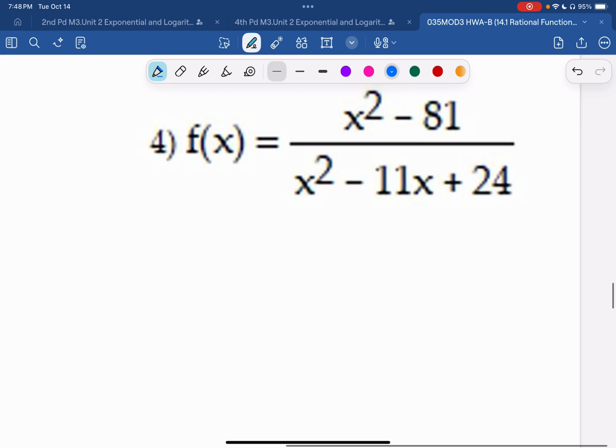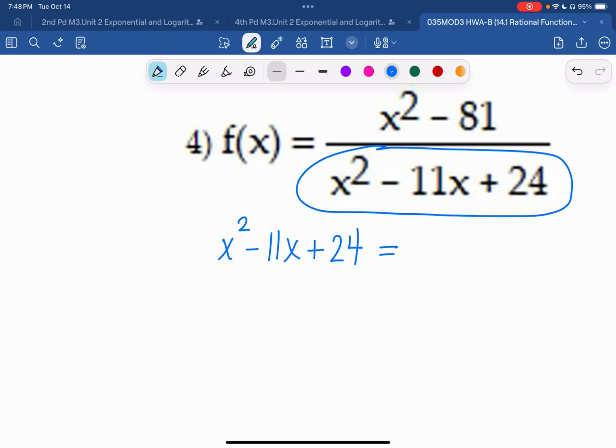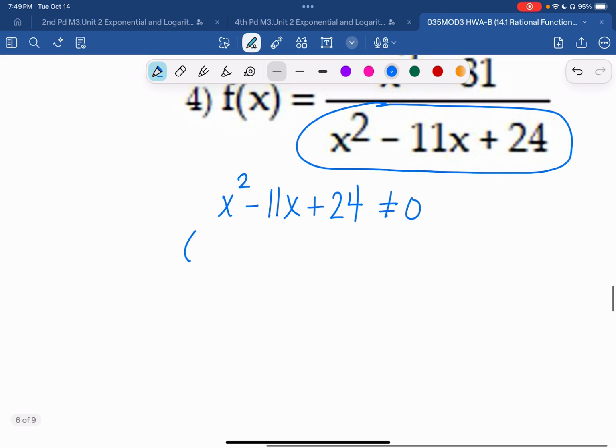Okay, look at this one. Again, same idea. I'm going to take this denominator. I'm going to set it not equal to 0. So x squared minus 11x plus 24 cannot equal 0. So I'm going to start by factoring this. Anytime we have a quadratic, we need to factor it. So that's going to factor into x minus 8, x minus 3, not equal to 0.